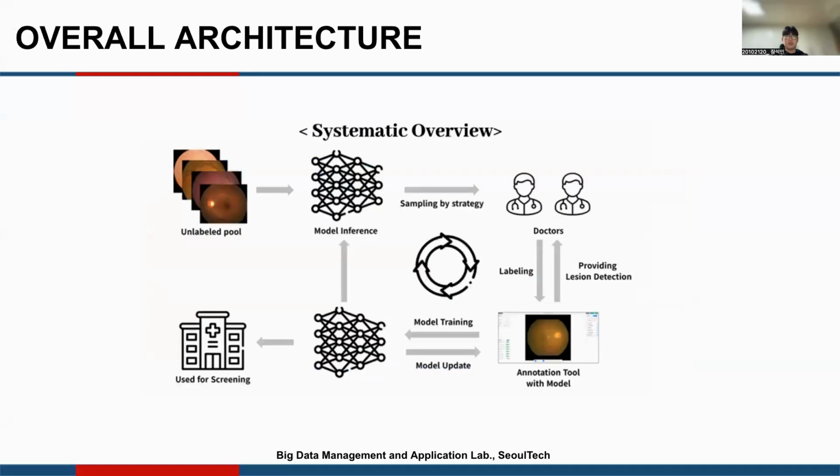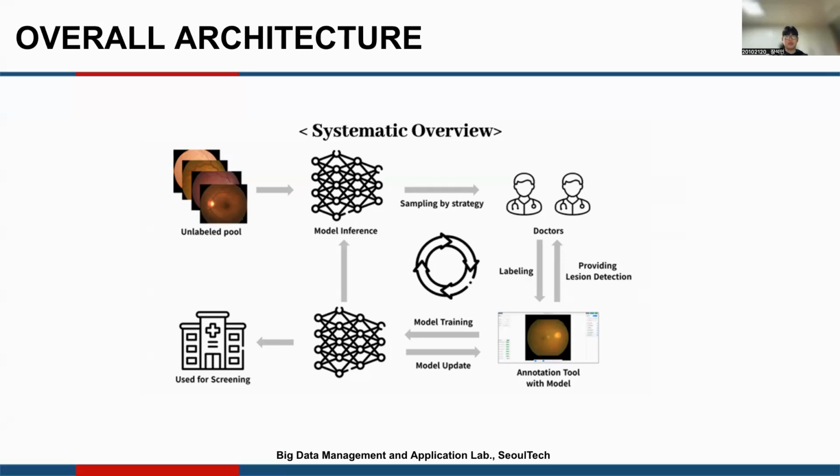This figure illustrates the overall architecture. The process begins with the unlabeled pool, which contains all unannotated images. Second, the initial model performs inference on this unlabeled data, and images are selected for labeling based on our sampling strategy. The selected images are then sent to ophthalmologists who annotate them using our annotation platform.